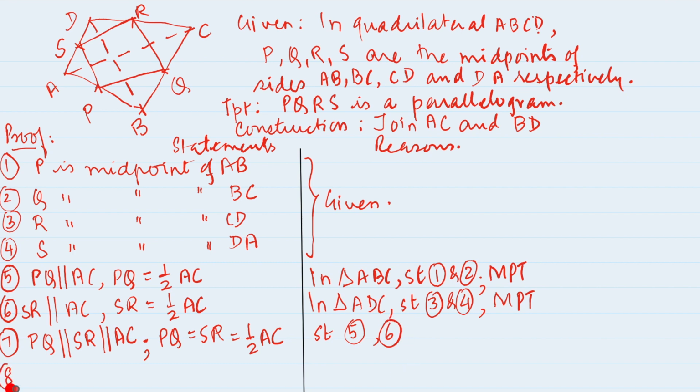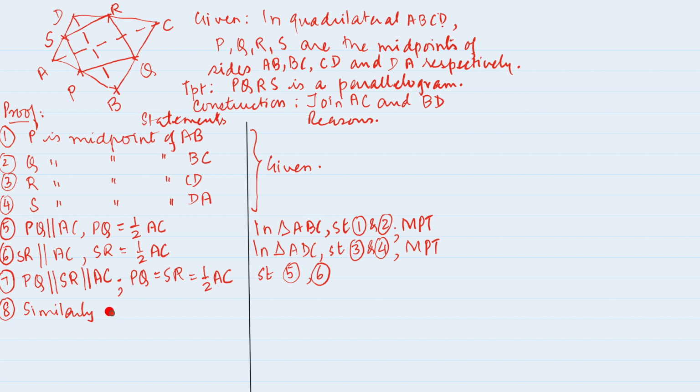Now 8th one, similarly QR parallel to PS. We can prove QR parallel to PS and QR equal to PS equal to half BD. Okay, yeah, these 2 will be parallel to BD.